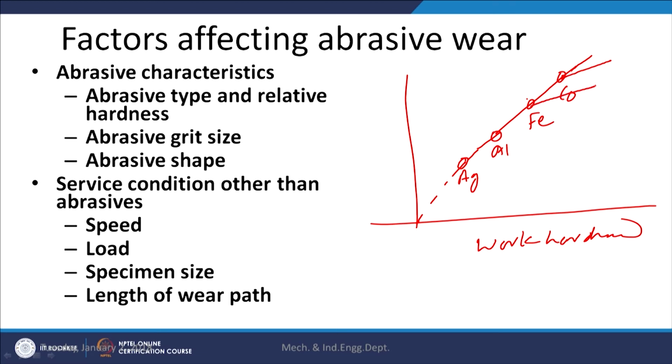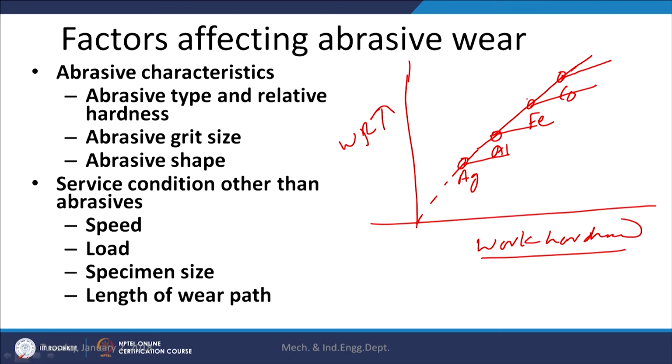So, hardness will be increasing with the deformation. What it is showing is a deviation from the hardness of the material in the annealed condition: hardness increases, and the increase in hardness due to the work hardening effect increases the wear resistance. So, this is the typical diagram which shows that material in work hardened condition shows better abrasive wear resistance as compared to that in annealed condition.